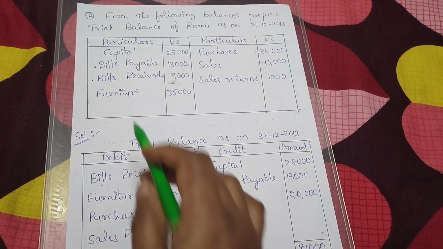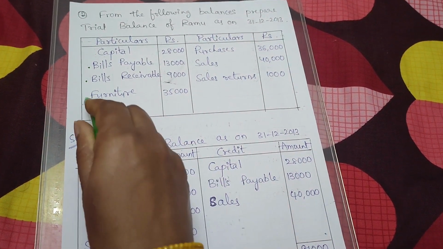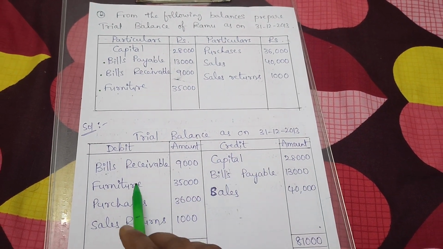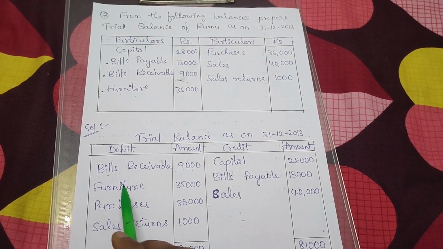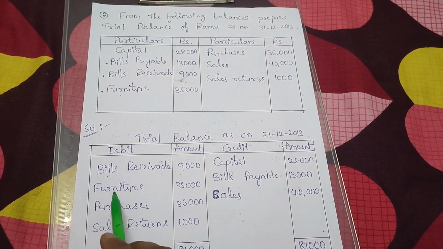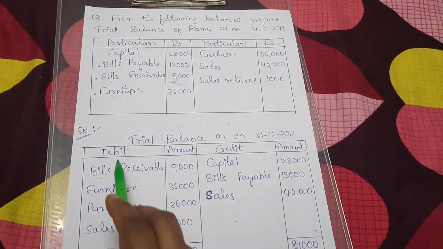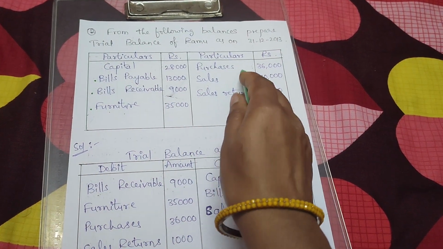And next, furniture, 35,000. Furniture is an asset. According to our trial balance rule, all assets should be recorded under debit only. That is why I recorded furniture under debit, 35,000. Next, purchases.